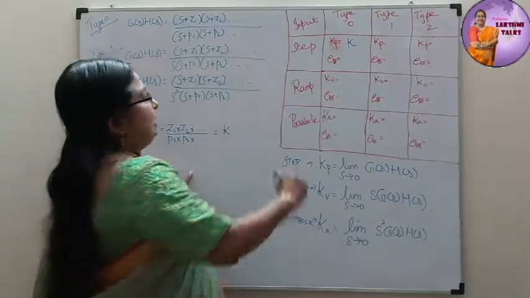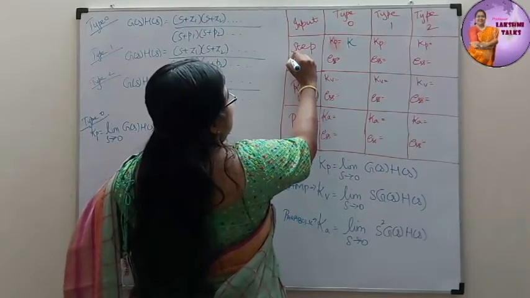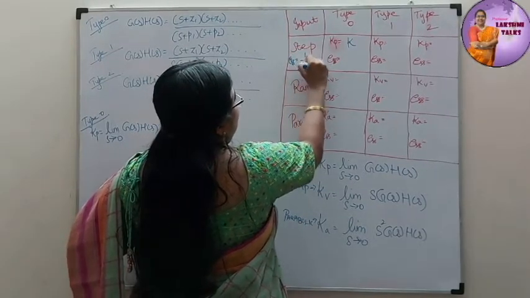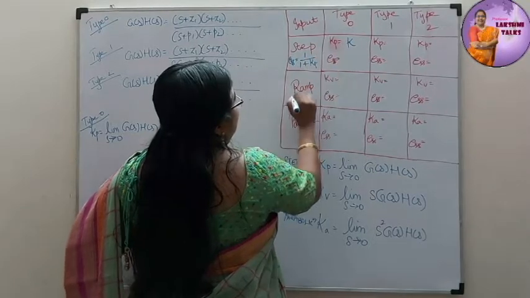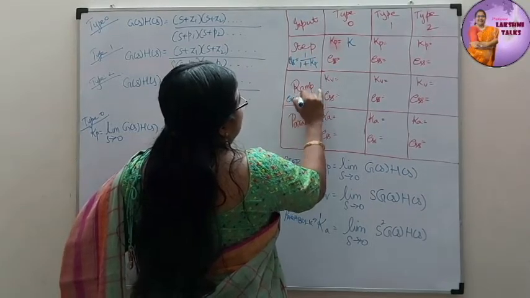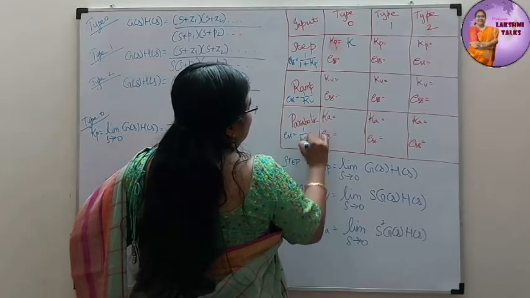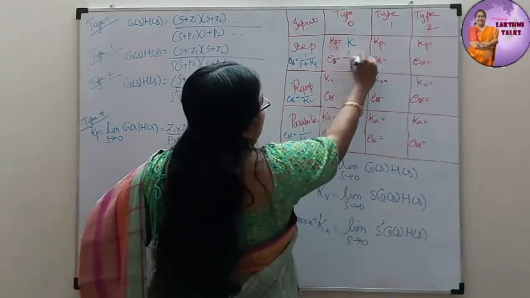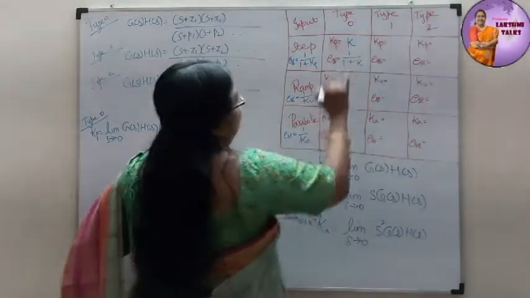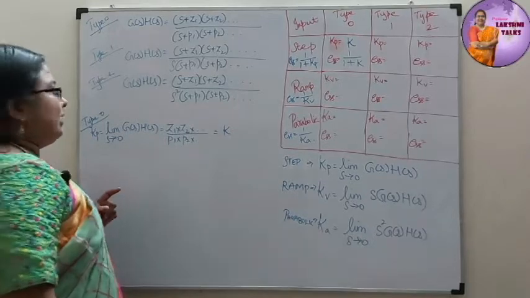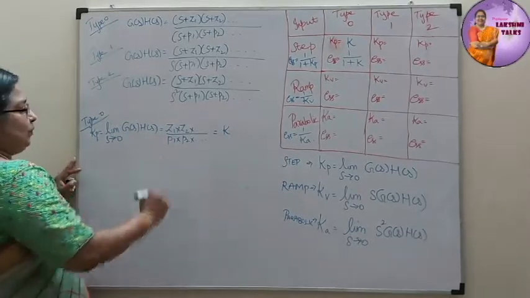We know that the steady state error for a step input is 1 by 1 plus Kp, for ramp it is 1 by Kv, and for parabolic it is 1 by Ka. So 1 by 1 plus K is the steady state error.